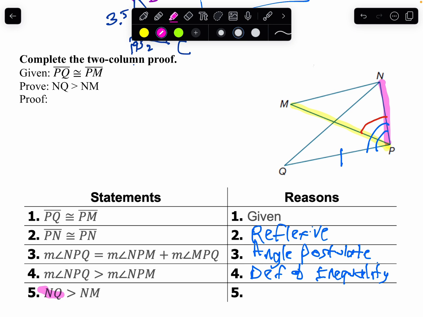That would be NM. And there is an application of our hinge theorem. So anytime you're comparing two sides in different triangles and two of the sides are the same, hence PM and PQ are the same, it's going to be the hinge theorem.